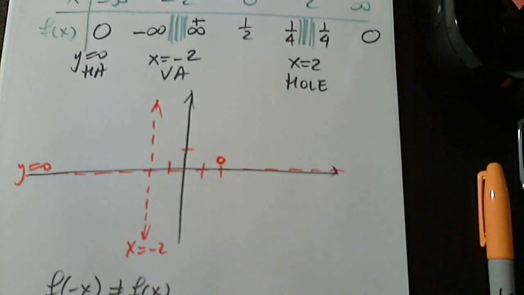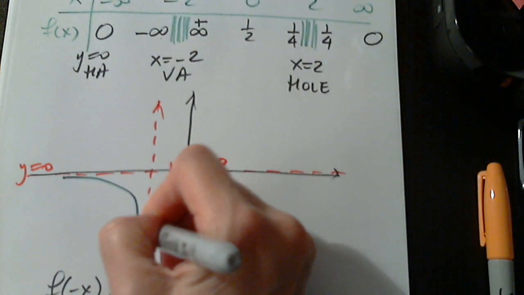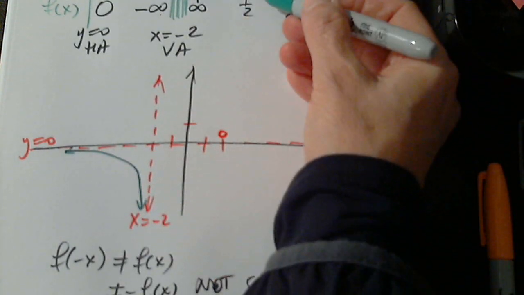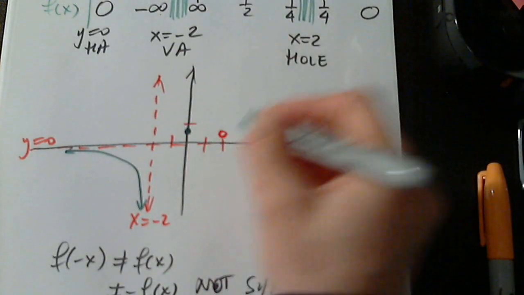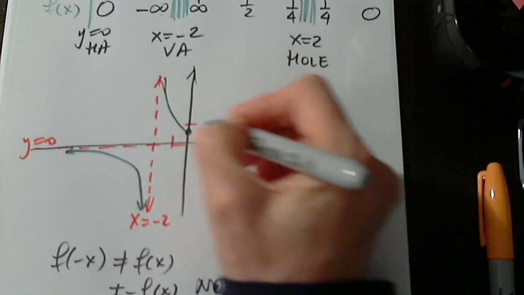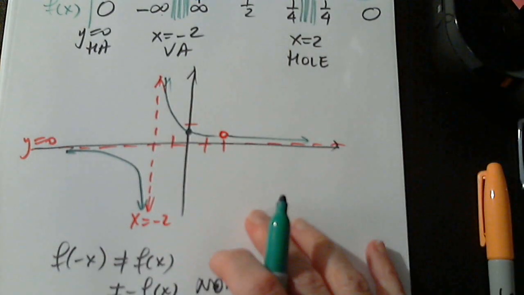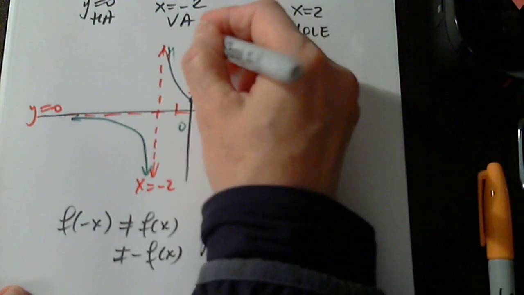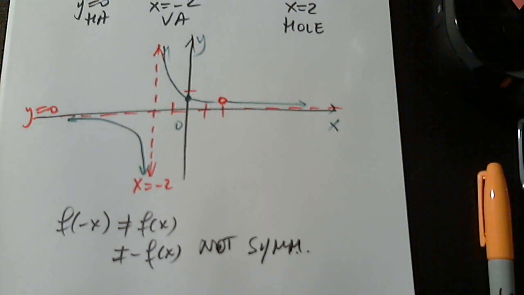Piece of cake. From positive infinity, crossing at 0, 1/2. Going through the hole, approaching 0. Piece of cake. This is it. If you practice these examples, it should take you 2 minutes, maybe 3, the whole thing.